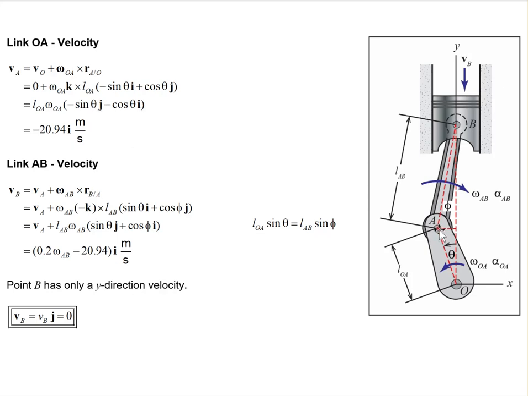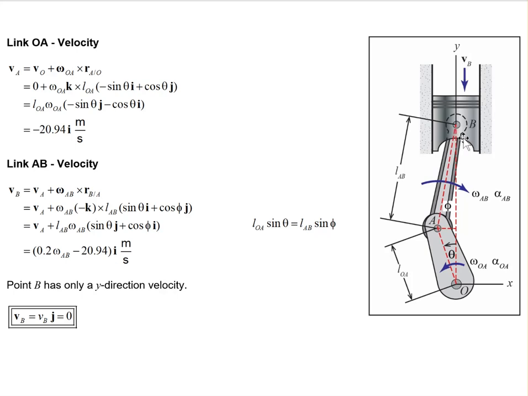Now that we have a velocity for A, we can move on to B. And we do the same thing. We go from A to B with the relative velocity equation, but we don't know what omega AB is, so that just follows through as a variable. Alright, but we know that the velocity of B only goes up and down.